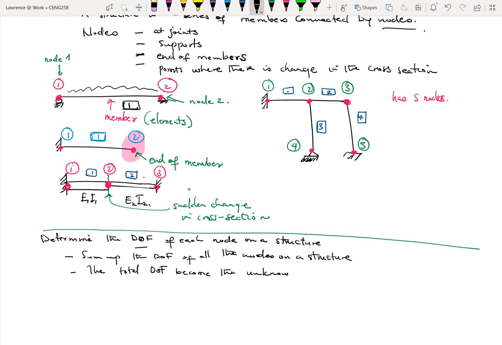Okay. And these unknowns are what you refer to as the number of unknowns, but these unknowns have to do with the degrees of freedom. Okay.